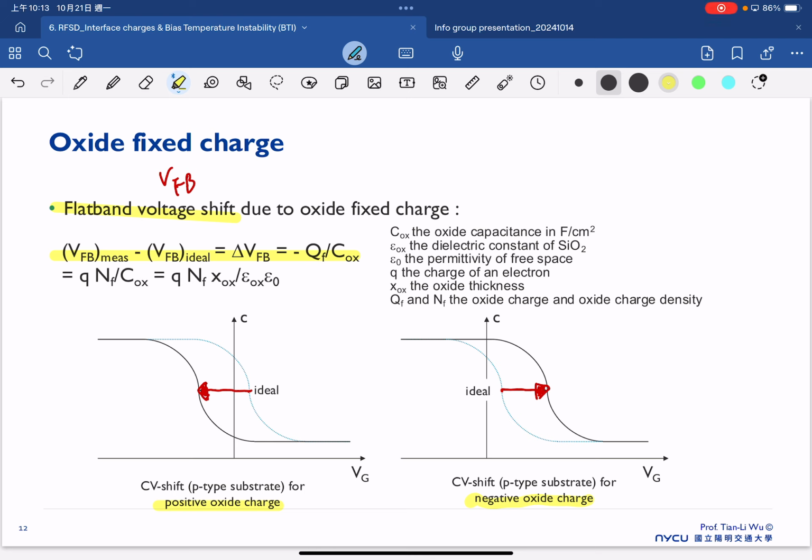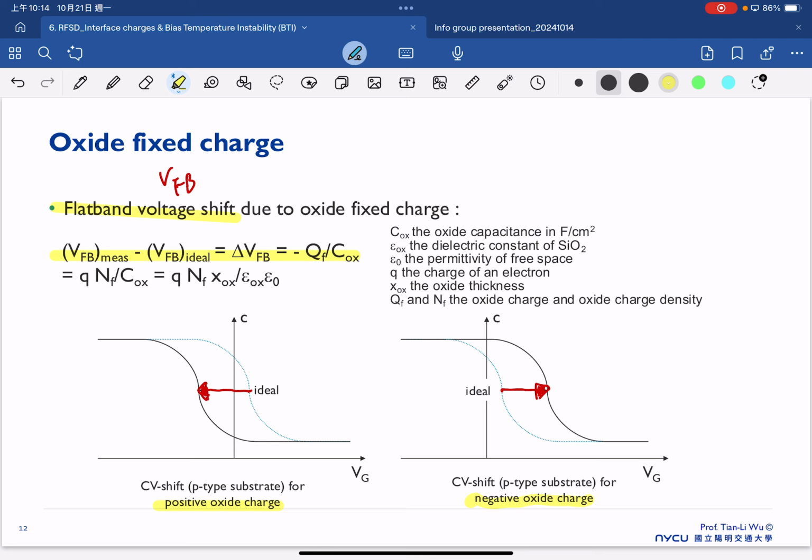The concept is that we start from the flat band voltage, then step by step calculate the threshold voltage. But usually we won't calculate threshold voltage unless you are working on modeling or analytical analysis, trying to develop some equations for the model. So you will probably do some hand calculation to estimate the flat band voltage.